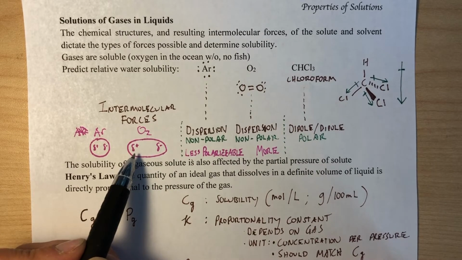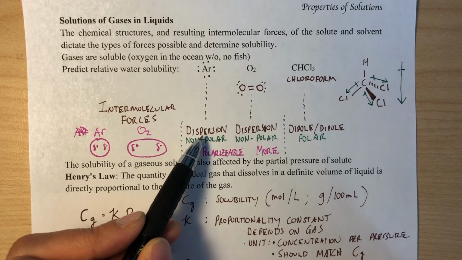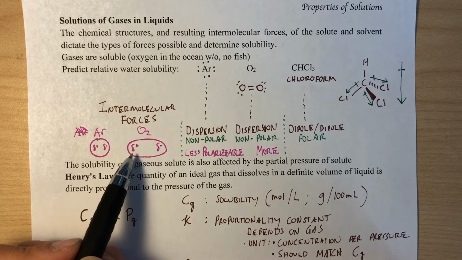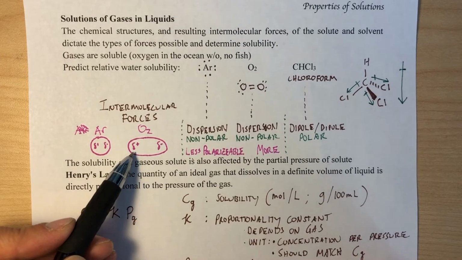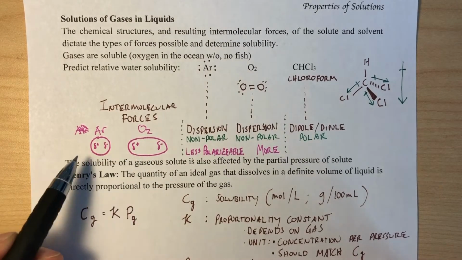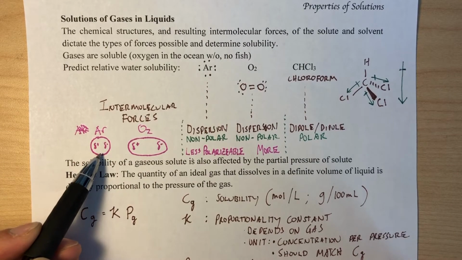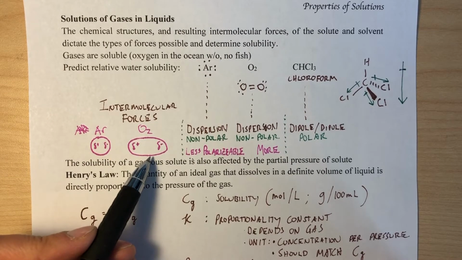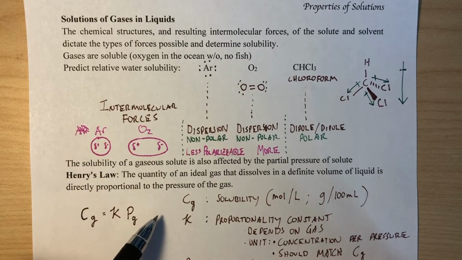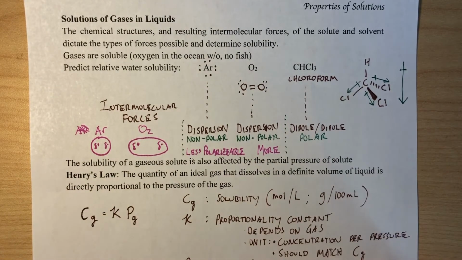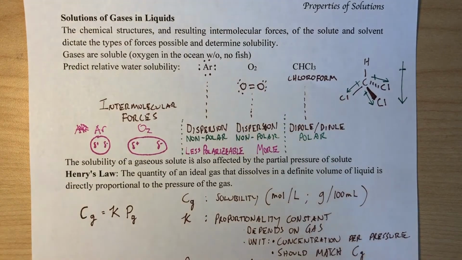The only thing that allows molecules capable of only dispersion forces to stick together is this separation of charge density that can happen occasionally. If you have a larger molecule, you can get a little more separation; a smaller molecule, smaller separation. So dioxygen can stick to itself better than argon, but overall, both of them are pretty bad at sticking together, whereas chloroform is better at sticking with itself.